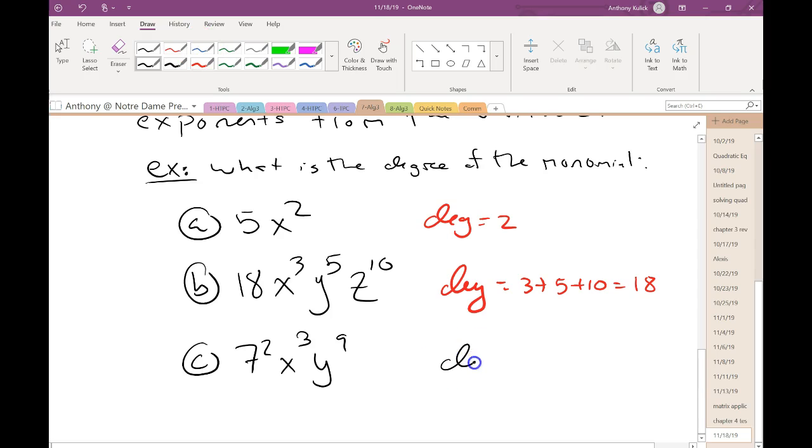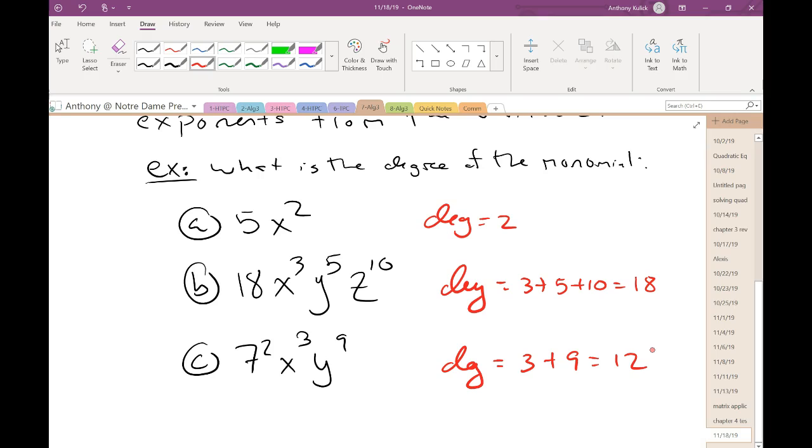Be careful. The degree is 12. Why doesn't the 2 count? Because it's not on a variable. So the degree of the monomial is only adding up the exponents from the variable parts. Not all the exponents, only the exponents from the variables.